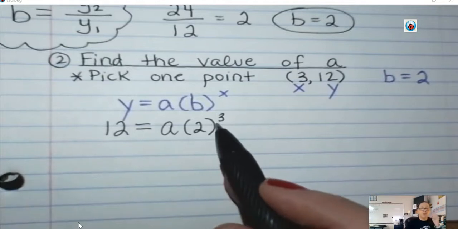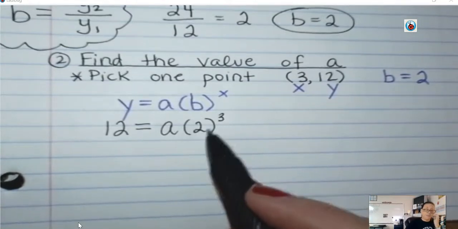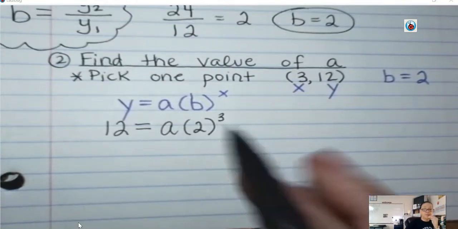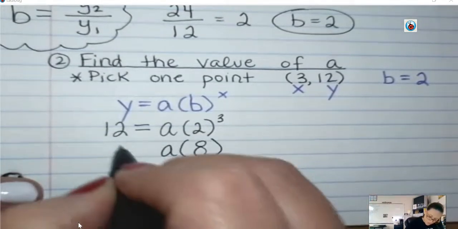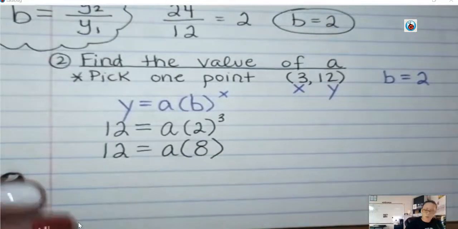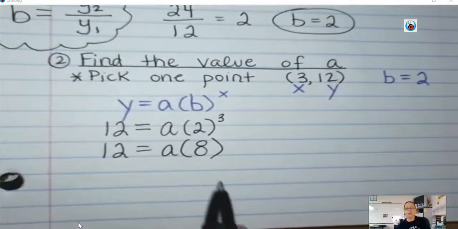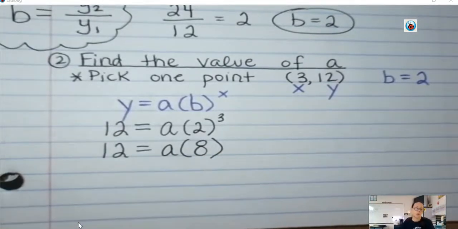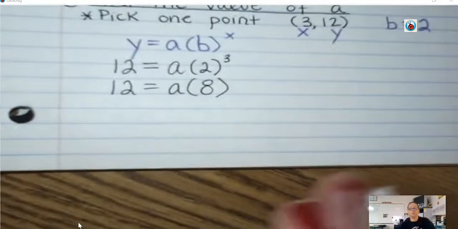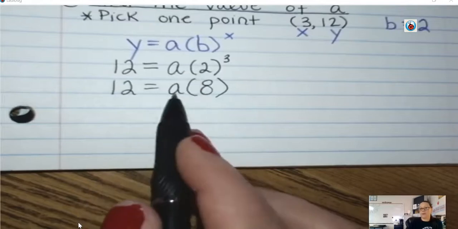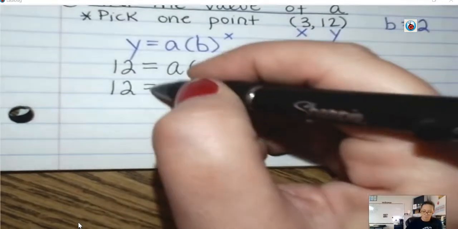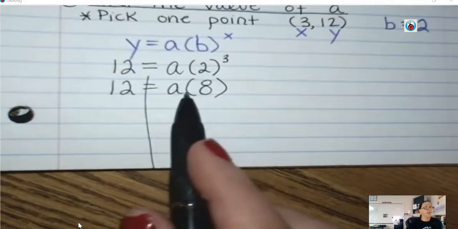What's 2 times 2? Times 2. 8. 2 cubed, 2 times 2 times 2 is 8. And we know when things are touching, they're multiplying, right? So this says a times 8. I'm just solving, just like we've done this 1,000 times.